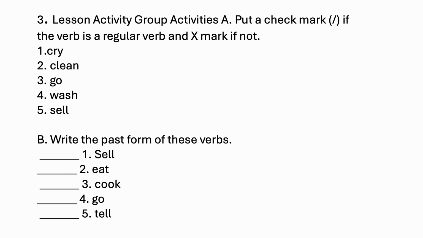But of course, if we don't do that, if we change the spelling, or if the spelling is still the same while we form the past tense, then that is an example of irregular. Again, I will repeat, regular verbs, we form their past tense by just adding d or ed.